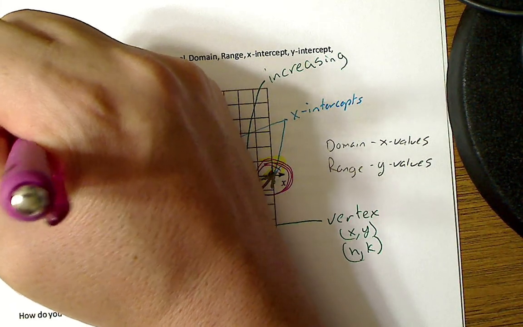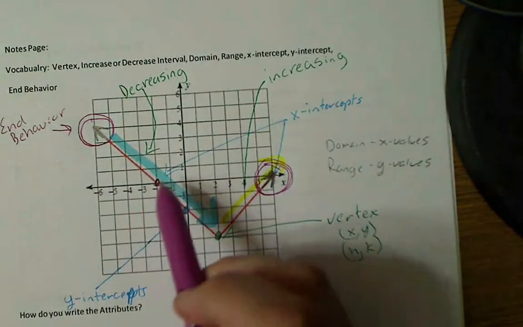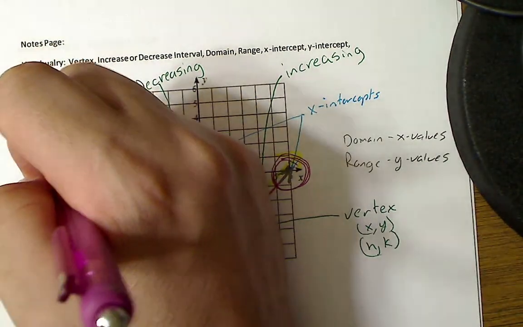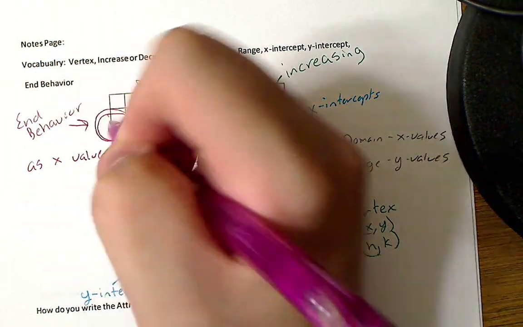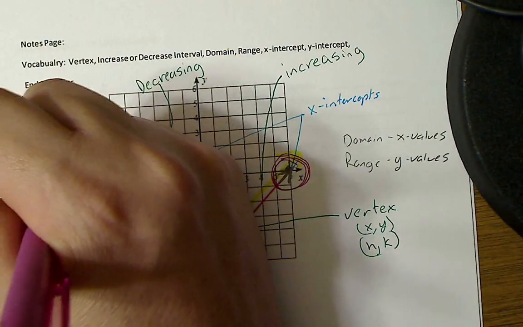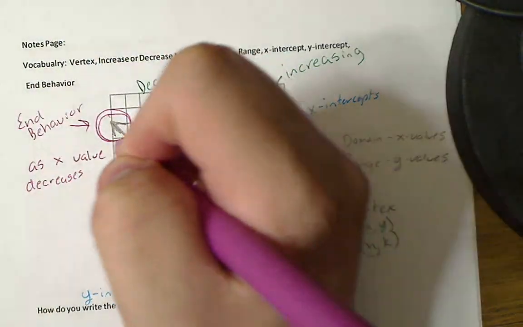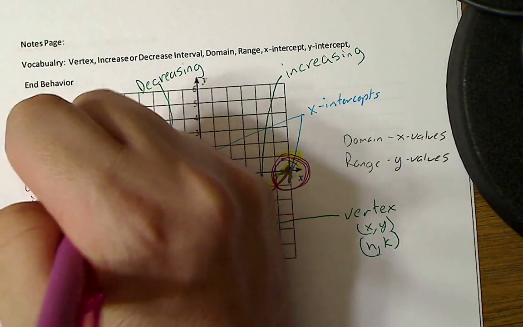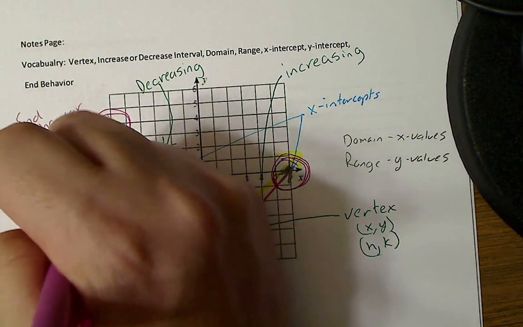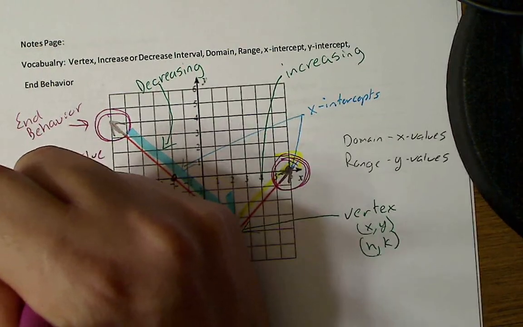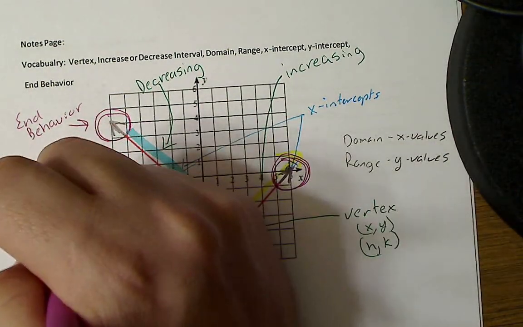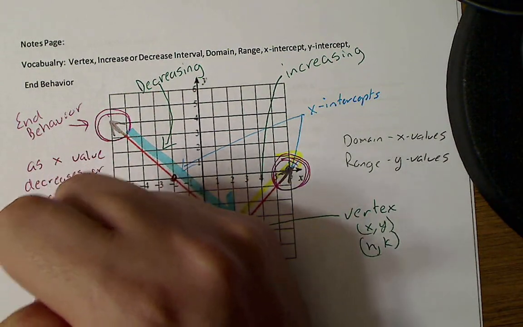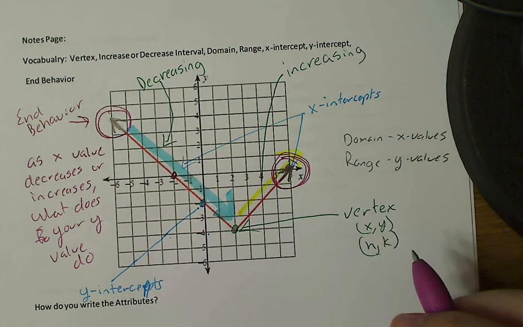And the best way to describe what end behavior is: as your x value decreases or increases, depending which side you're on, what does your y value do? Okay. And that's what end behavior actually is.